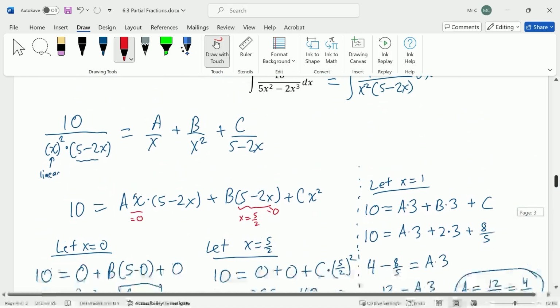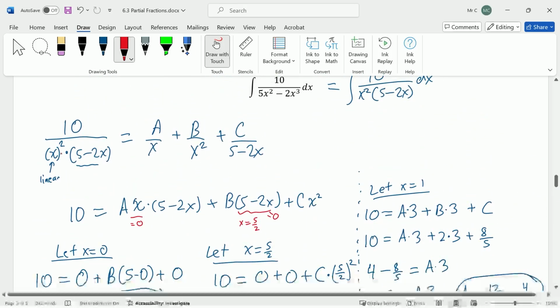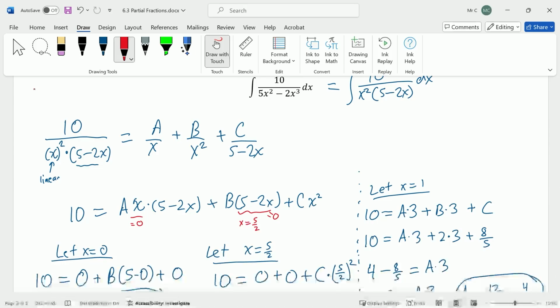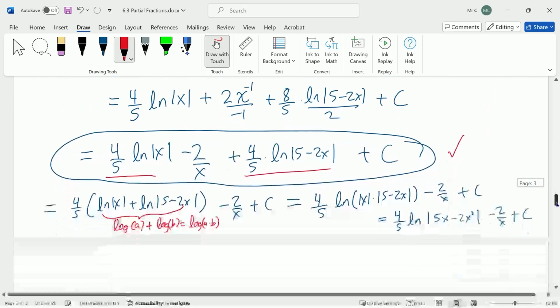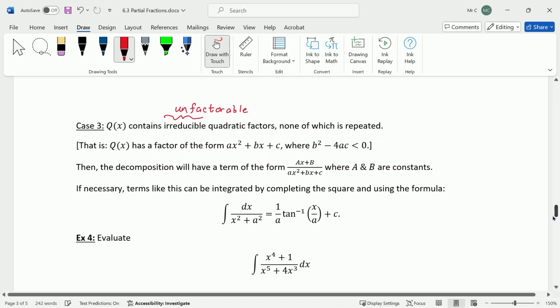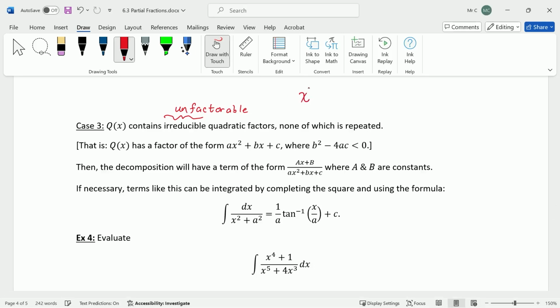And if you look here, this is the big difference. This quadratic expression we had here, x squared, can be factored into x times x. So what we're talking about in this section is things that cannot be factored. Things like sums of squares. So x squared plus 4 cannot be factored.